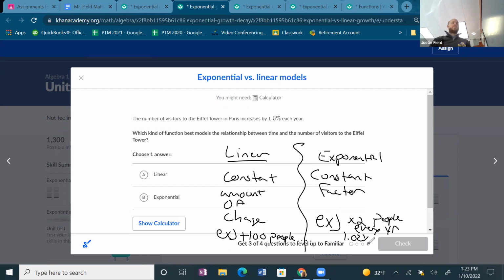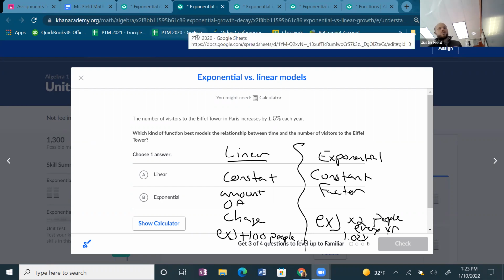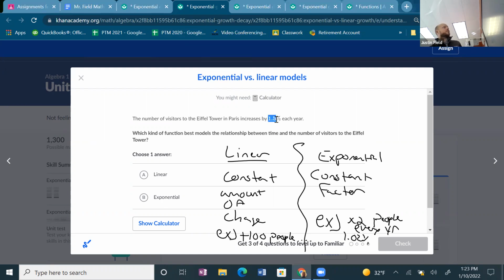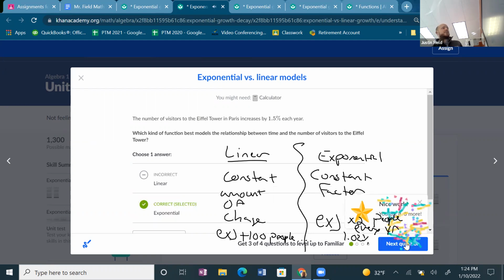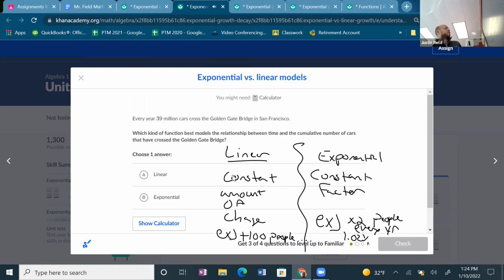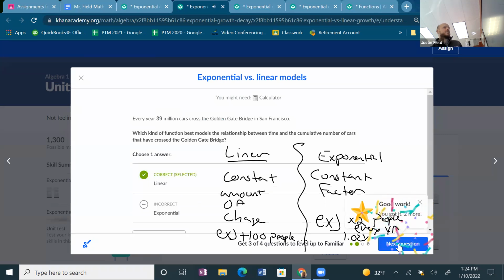So percentage is a big indicator that it's exponential, although there is a certain way we could word it so it's linear, but percentage growth in general is going to be exponential. So the number of visitors to the Eiffel Tower increases by 1.5%. That's a percent, that's exponential. Every year, 39 million cars. So that's not a factor, that's a certain amount, so that's linear. One more.